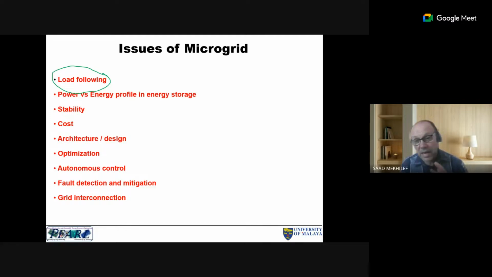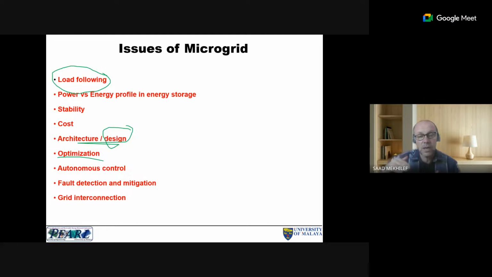The architecture and design, I think that's very important. I think we have talked about it just now, the well-designed system, and what components you have to use. And optimizations, everything that we do, we need to optimize. For example, if I change the tilt angle of my PV panel by 15 degrees, how much power will I get?